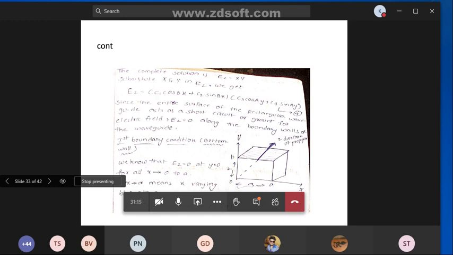So Ez equal to 0 along the boundary walls of the waveguide. Here at y equal to 0, x is not equal to 0, x changes from 0 to a.